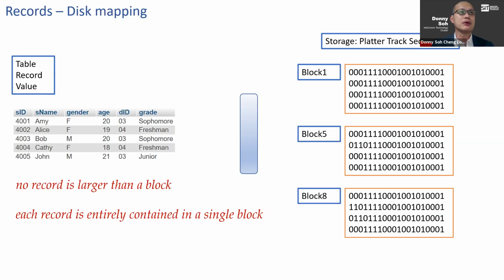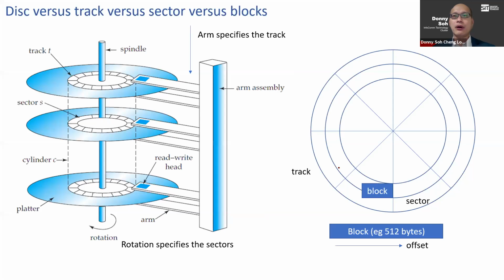So we have table, we have record, we have values. We made a few assumptions, namely that no record is larger than a block, meaning that all the records are able to fit into a single block. So we call a block the unit from which you retrieve data, at least a single block.